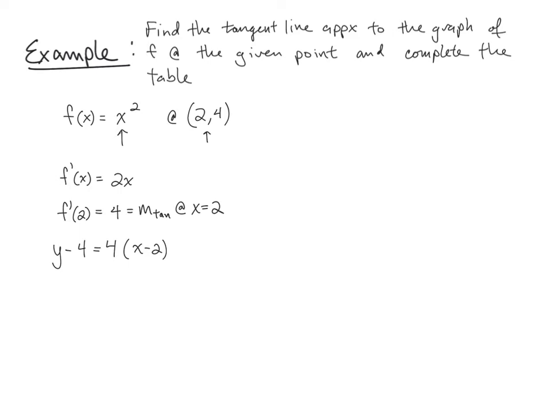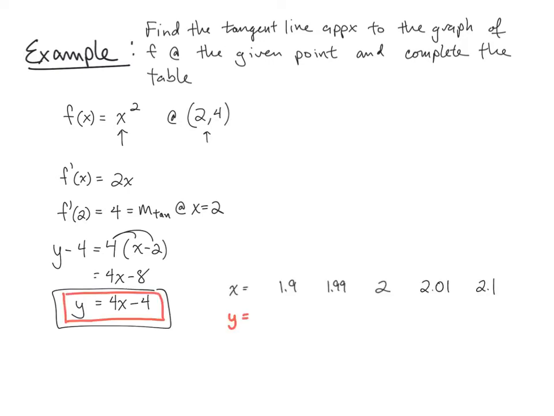So if we want to make this easy, we want to solve for y. So that'll include distributing this and getting 4x minus 8. And then adding 4 to both sides. 4x minus 4. So here is the tangent line with which we will use to approximate our values. Now let me get the table up here.